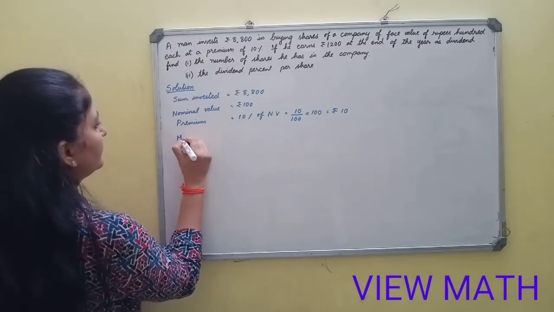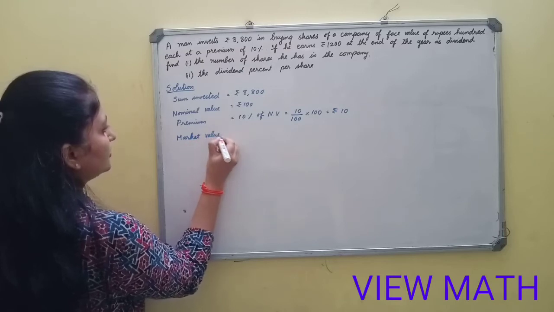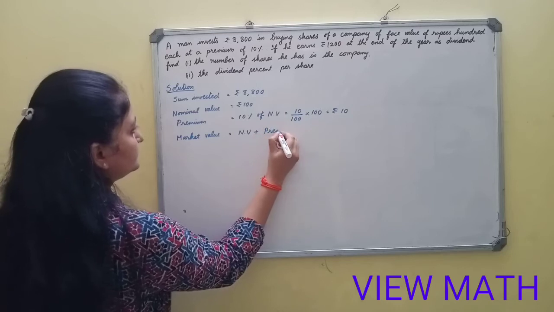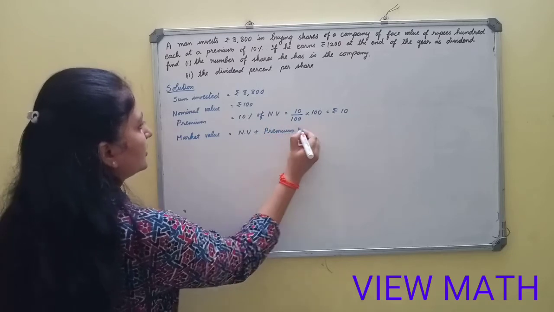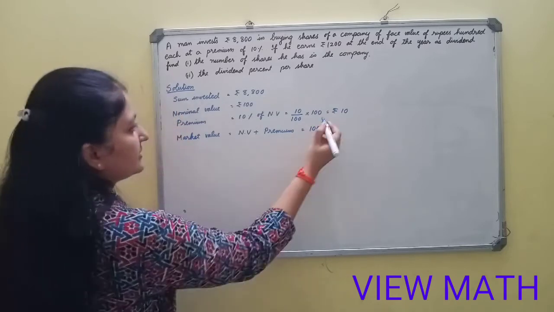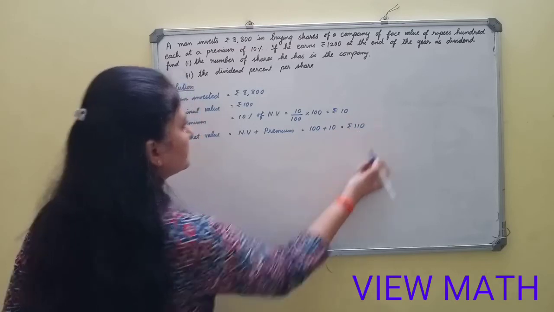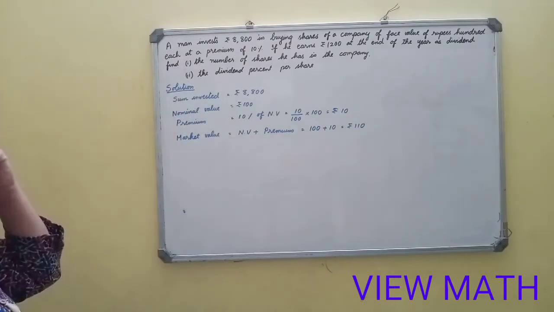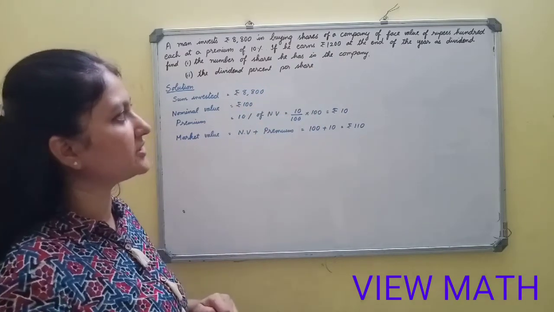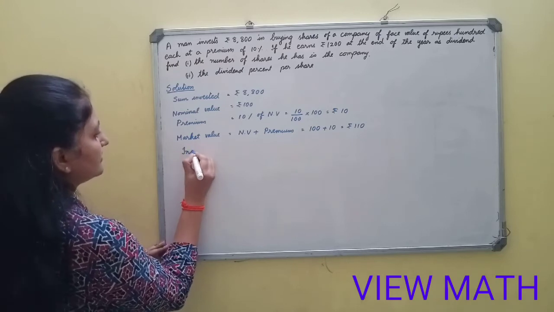Next, market value we have to calculate. Market value is equal to nominal value plus premium. Nominal value is 100, premium is 10, so market value is rupees 110. If he earns 1200 at the end of the year as dividend, that is his income. Dividend is income.